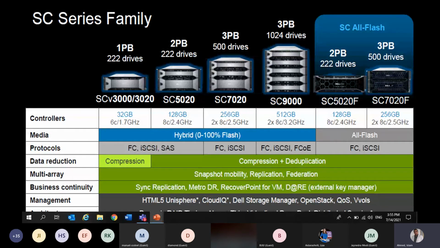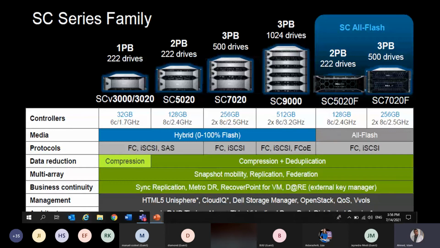All these kinds of features will help your customer first minimize the storage requirement, second guarantee high performance, and third guarantee the safety of the data inside the storage, because of all this data reduction and multi-array.